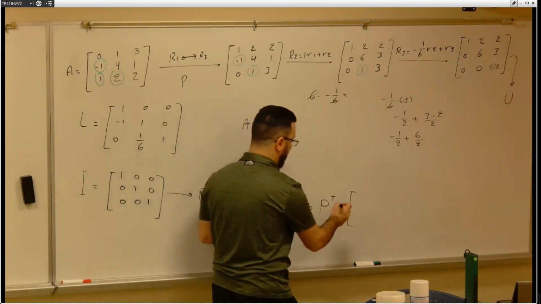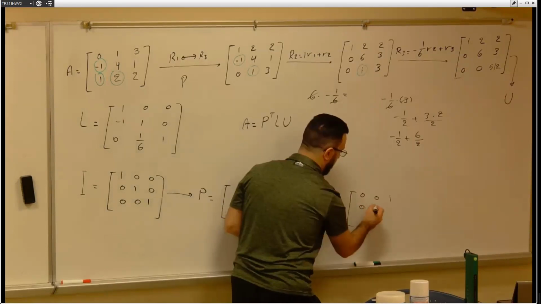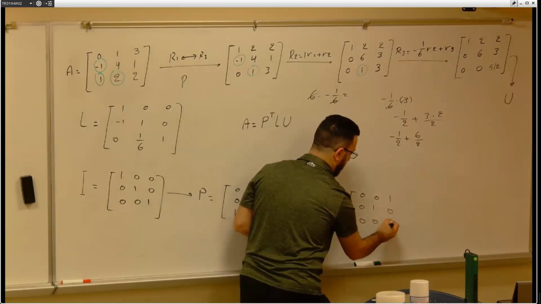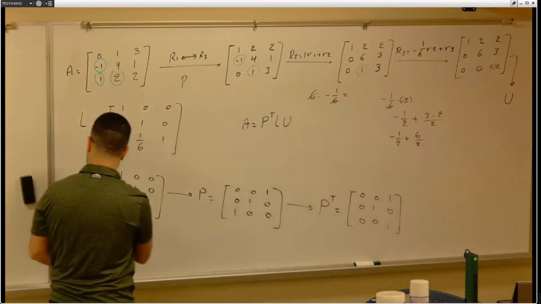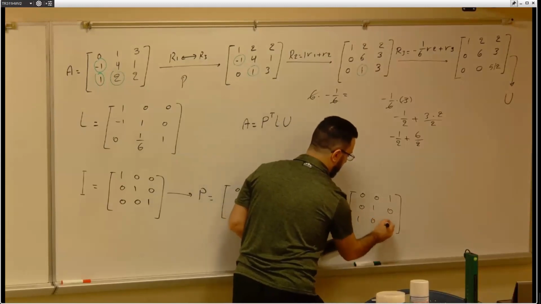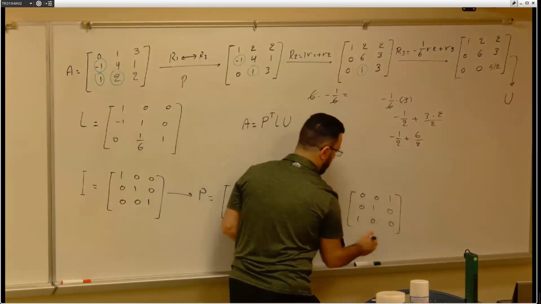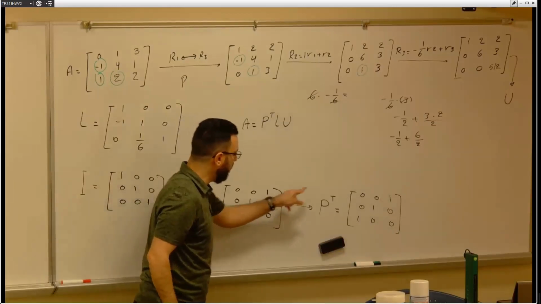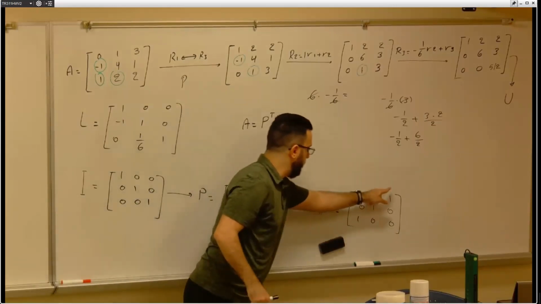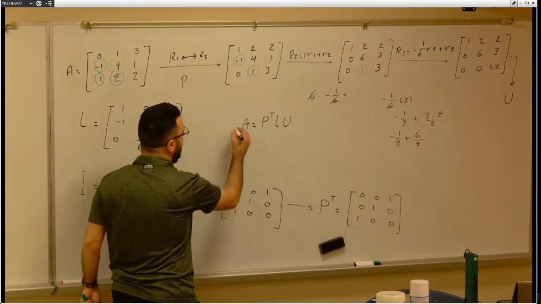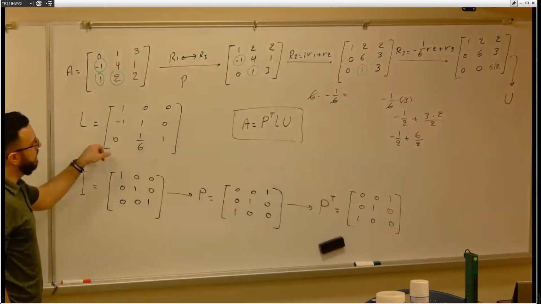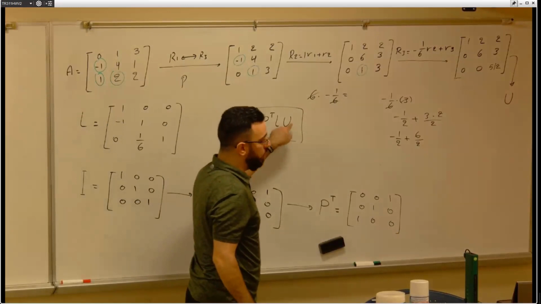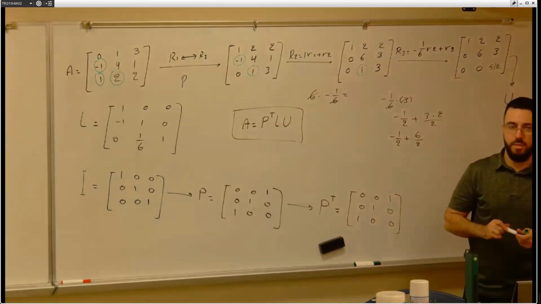But in this example, we're going to get the same matrix. If you do the transpose, it's going to be the same matrix. See, the first row, the first column; the second one, the second column; the third one, the third column. Now, to find the A, you have to write down P transpose there, then L, then U, and when you multiply it, it's going to be the A matrix. Okay, go ahead, check that.